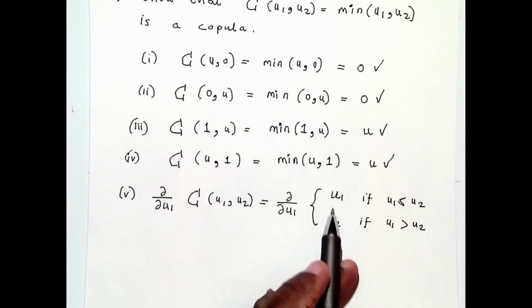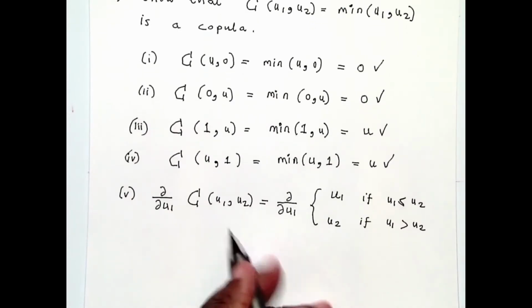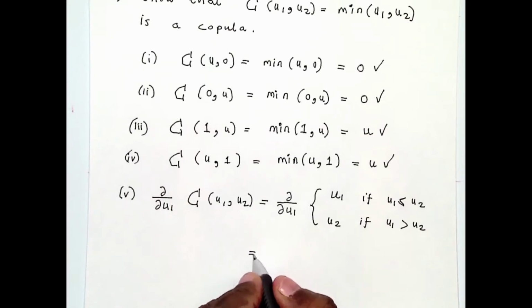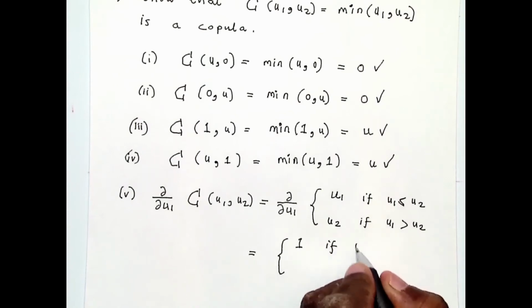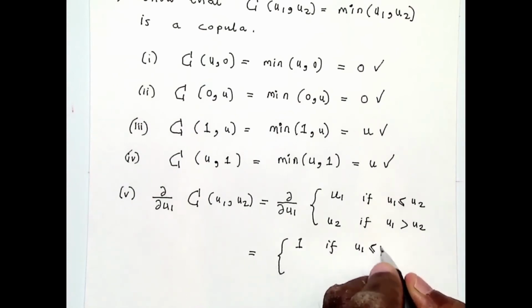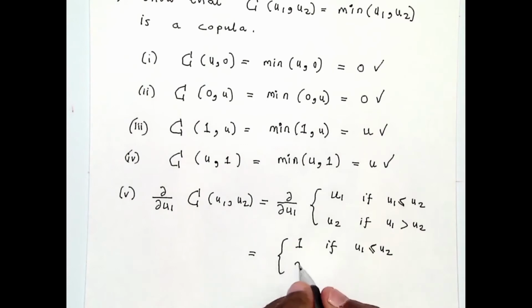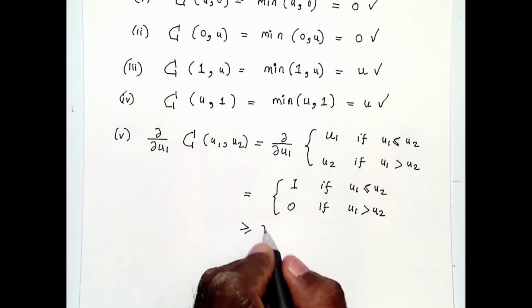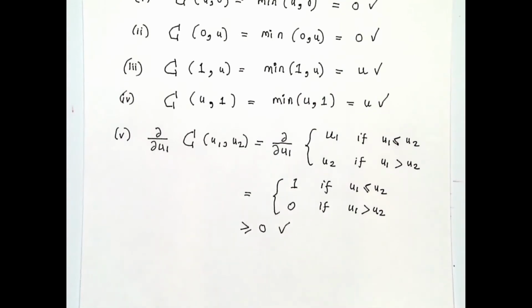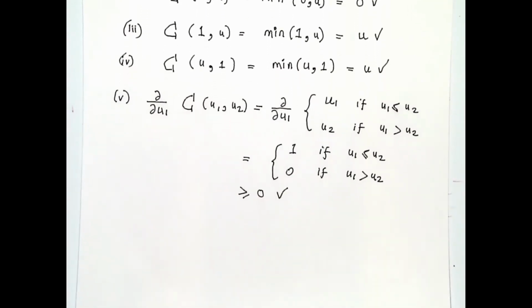Now if you differentiate each of these with respect to u1, you will get the following. You will get 1 if, okay, and 0, and clearly this is non-negative. So condition 5 is satisfied, right?